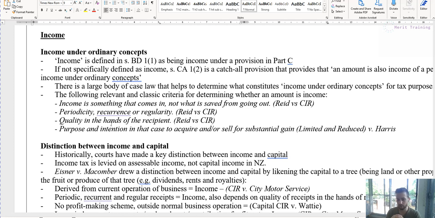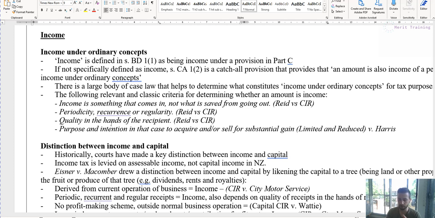So a lot of companies would go to court and say, this money that I've received isn't income, it's capital. And there's a lot of grey areas, as you'll see shortly. If they could argue that successfully, they didn't pay any tax on it. But if the court said that's income, then they've got to pay 30% tax on it or whatever it is. So it's a big money difference that we're talking about.